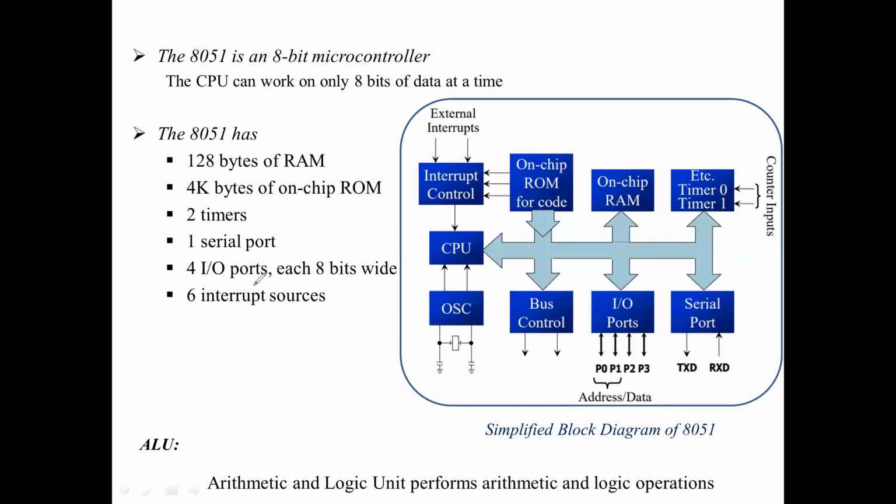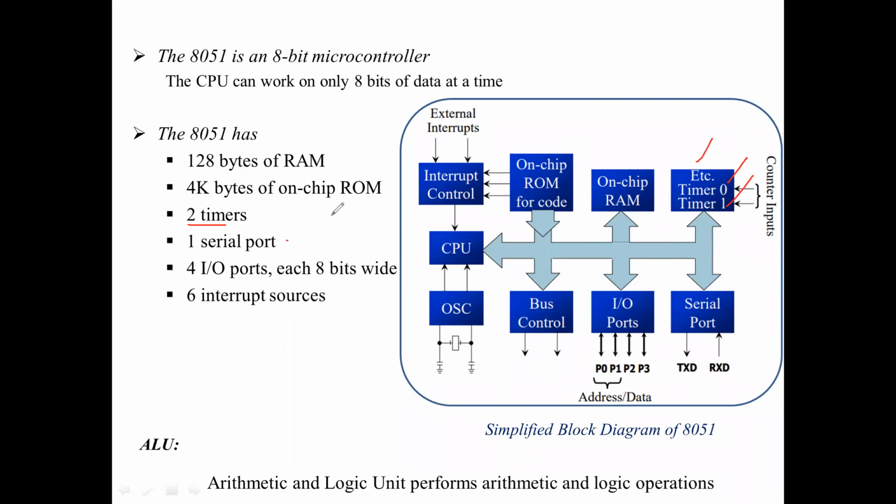This particular 8051 has two timers, timer 0 and timer 1. Both are for delay applications. As I told you, in traffic light control a certain delay is required, and for that delay we can use this timer.